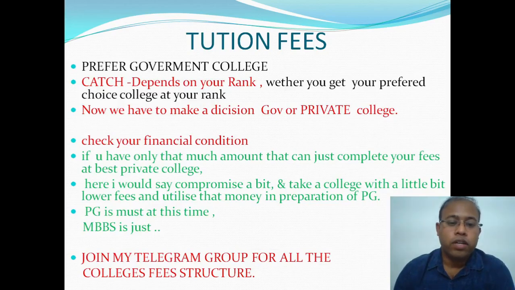After choosing a private college, also consider that most private colleges have a 5% to 10% increment in their annual fees. So take your capital amount and make an assumption for all the 4.5 years with an increment of 5 to 10% of annual fees.